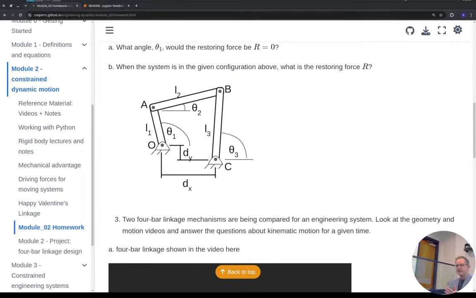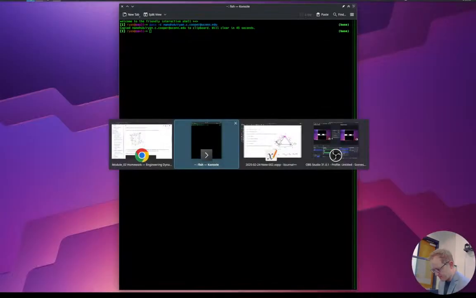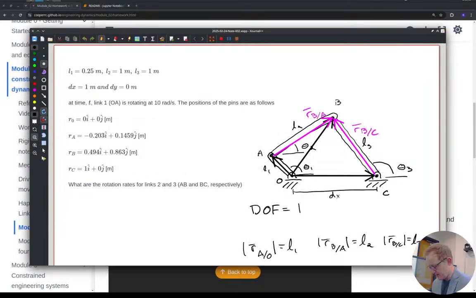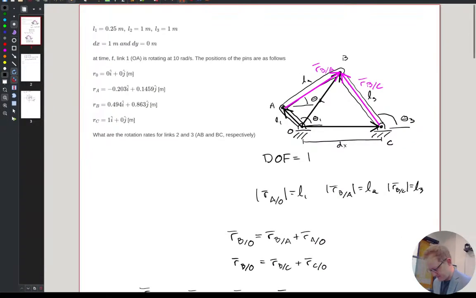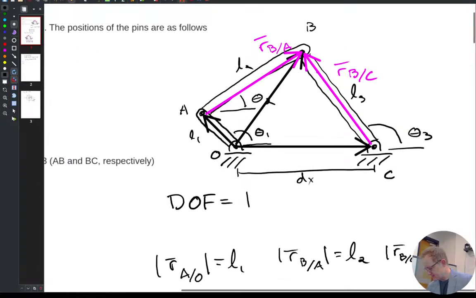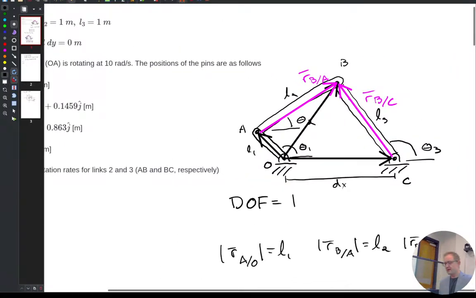We left off talking about 4-bar linkage and how to create constraints. So I'll pull up notes from what we were working on last time. When we drew these vectors on there and started adding them up, what were we doing?